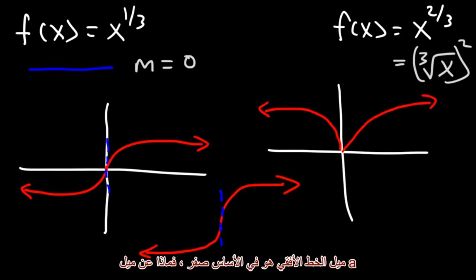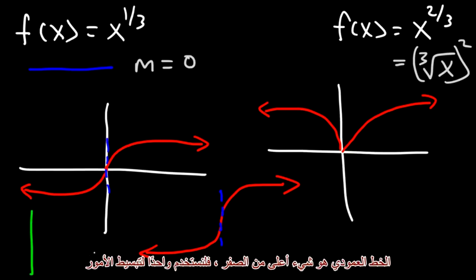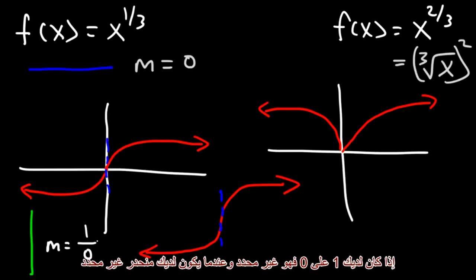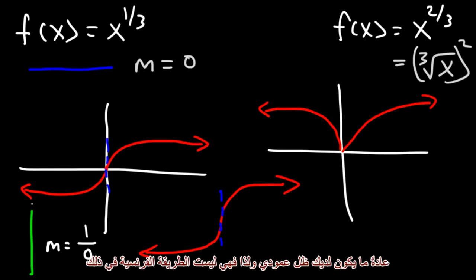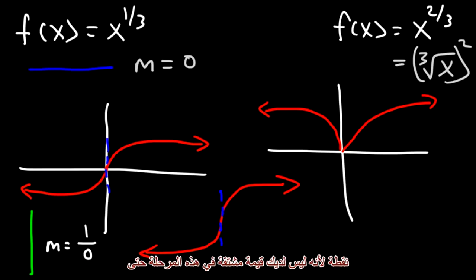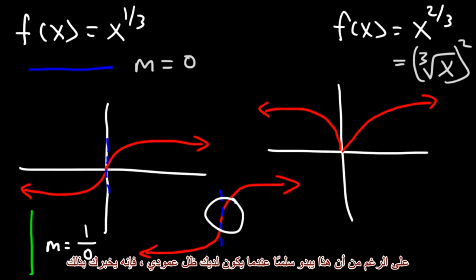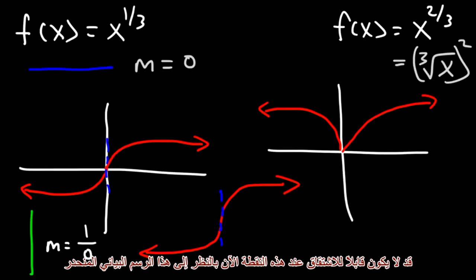Now, what about the slope of a vertical line? It's something over 0. Let's use 1 to keep things simple. So if you have 1 over 0, it's undefined. And when you have an undefined slope, typically you have a vertical tangent. And so it's not differentiable at that point because you don't have a derivative value at that point. Even though this looks smooth, when you have a vertical tangent, it tells you that it may not be differentiable at that point.